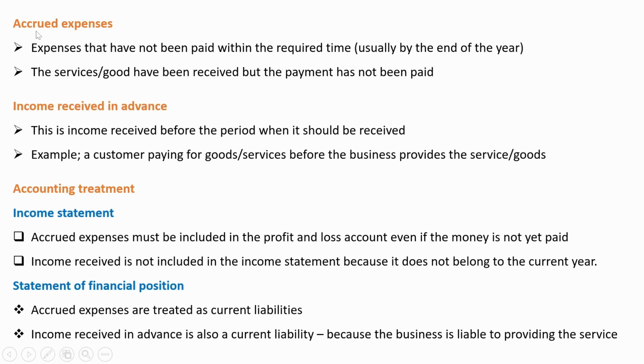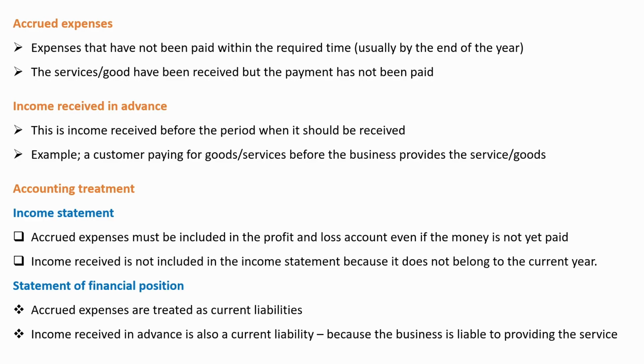So let us now look at accrued expenses. What are accrued expenses? These are expenses that have not been paid within the required time, usually by the end of the year. By the end of the year, there are those expenses that the business will not have paid, and the business was required to pay those expenses within that year.